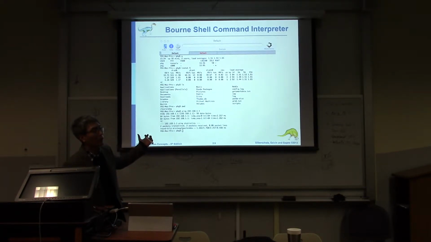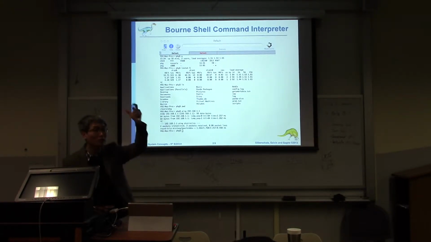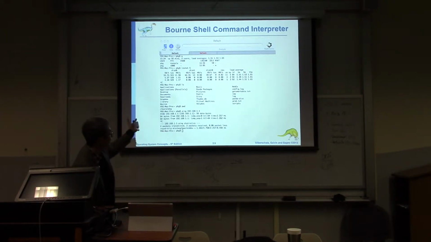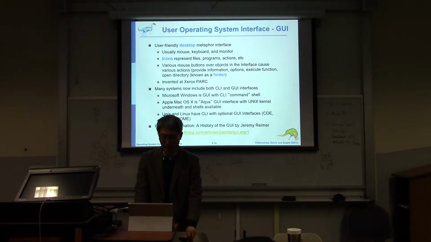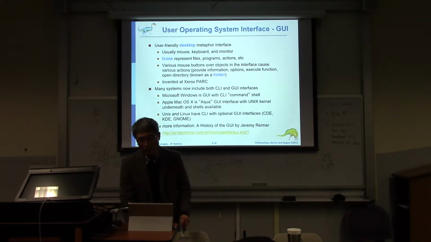So macOS uses BSD, the Berkeley Unix operating system. We will see the history of them later. So it's actually the same thing. Okay. And what about the graphical user interface?